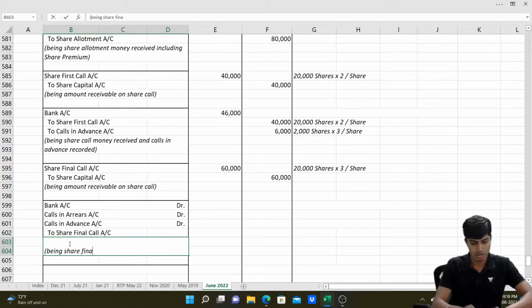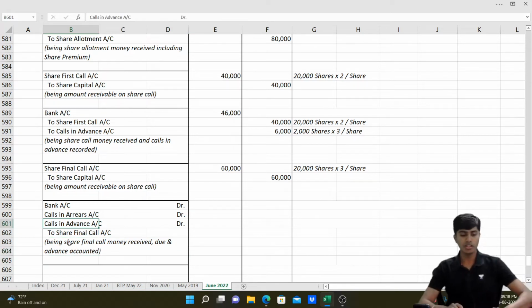Being share money received, due and advance adjusted or accounted.